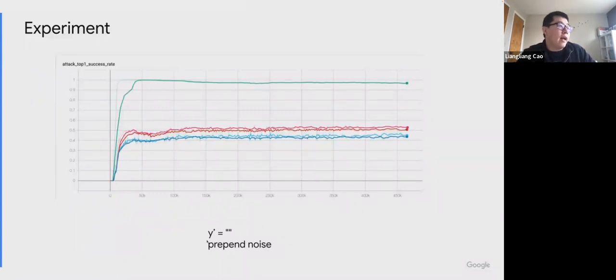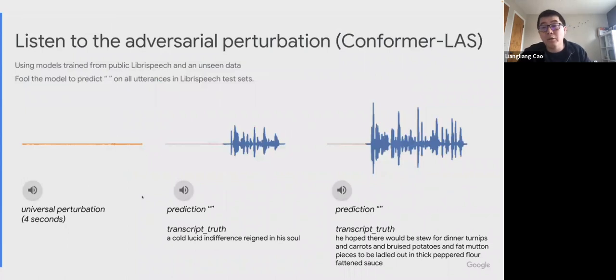Basically, we prepend something to our audios, and we require the prediction to be all empty. Different colors show the different models, RNT model and the CTC models. Basically it shows that such a universal model can be learned after say 50K steps.